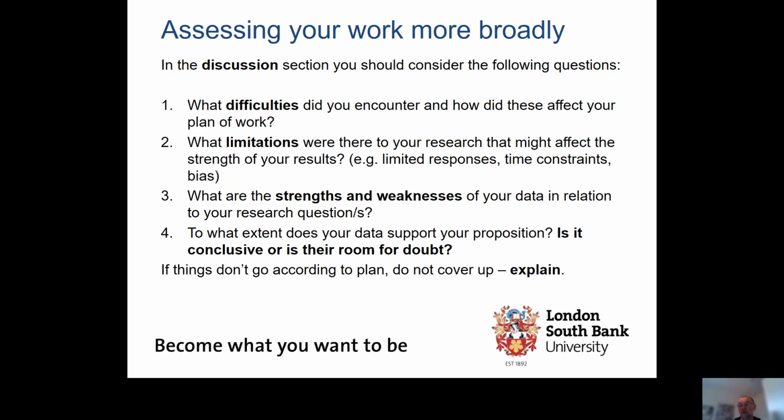So if things don't go according to plan, don't cover it up, explain. Research very, very rarely goes according to plan, and it's researchers' ability to recognize that and present that to the reader that provides evidence of critical thinking. It's a good thing.